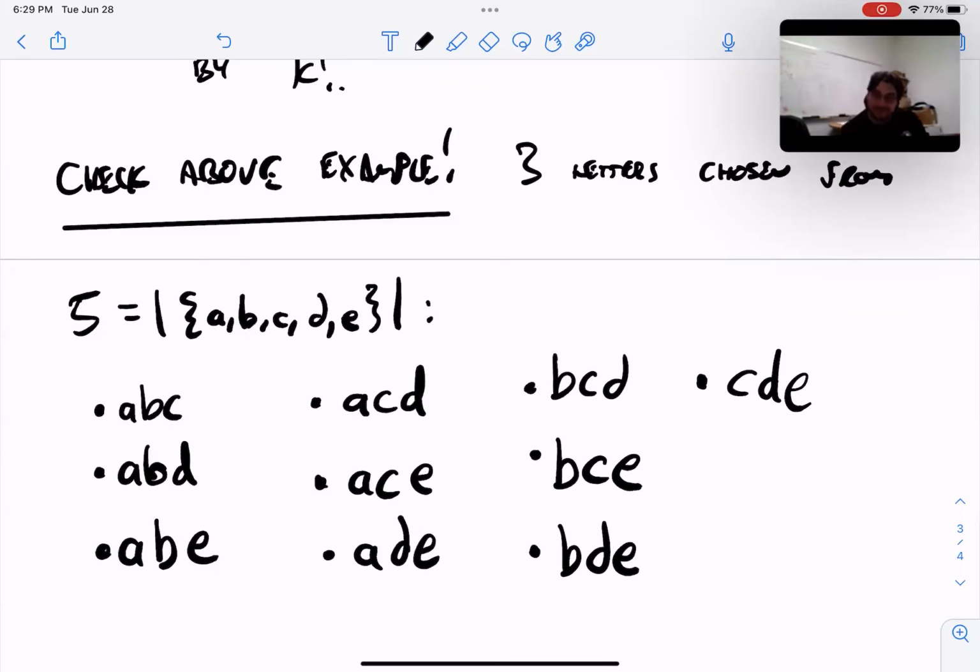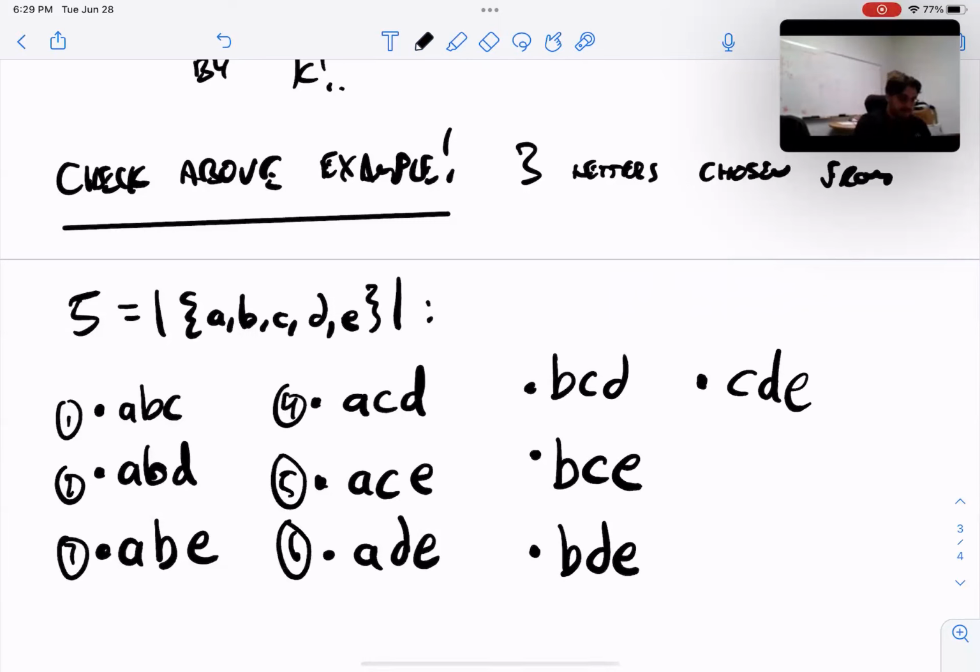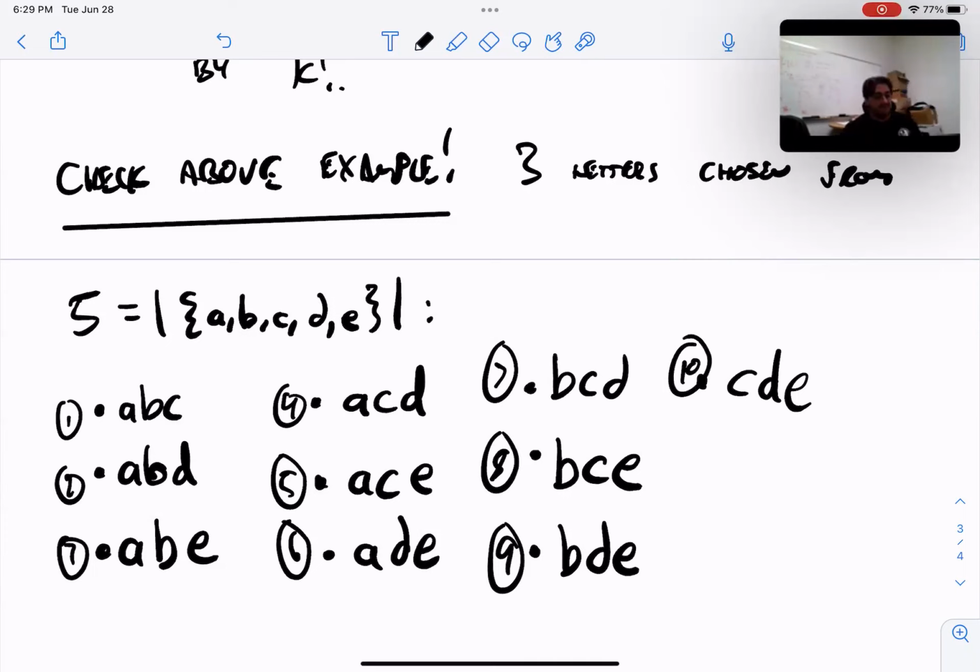There we have everything. And if you look, this is exactly 1, 2, 3, 4, 5, 6, 7, 8, 9, 10. Right there, we have the 10 options, and that 10 is exactly 5 choose 3, however you want to write it.